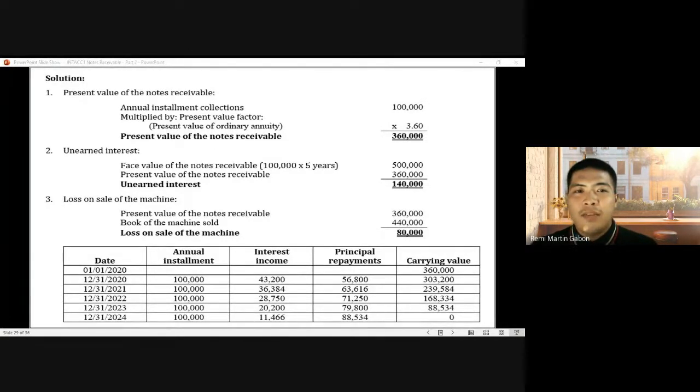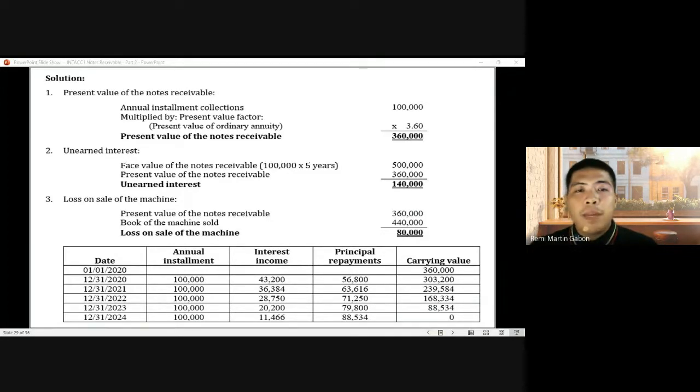Okay? 56,800. If we do the same thing, 303,200 times 12% is 36,384. That is only the interest income. If you subtract it from the annual installment, the principal repayment is 63,616.